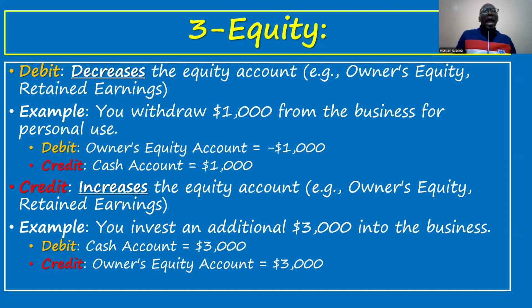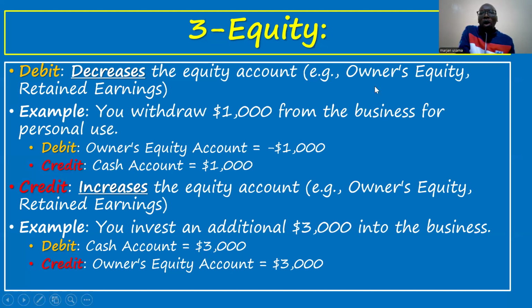So how am I going to record the equity? If there is a decrease in the equity, I'm going to debit it. So that is why you have minus 1,000, because I'm taking money from my account. I'm going to do my private things. So that is why you have the minus. I'm taking money out of my business.